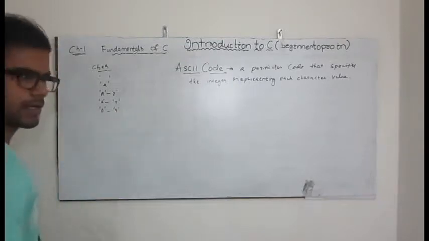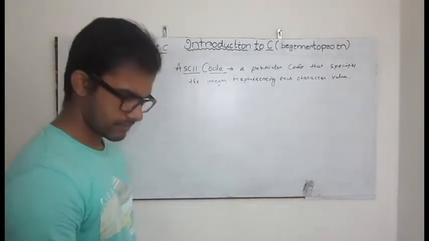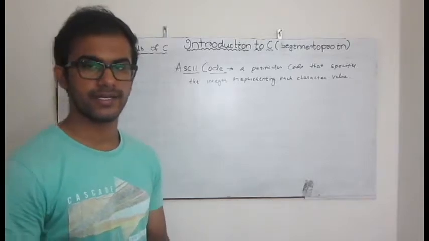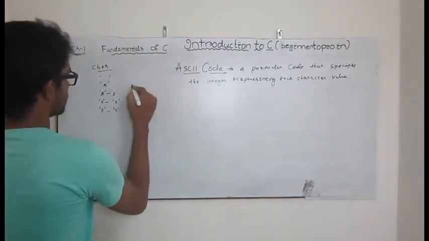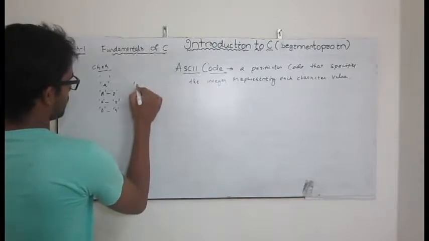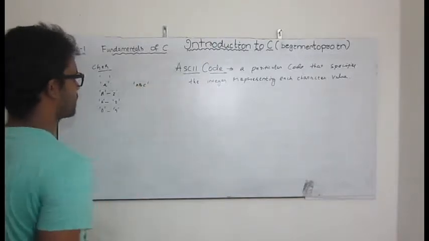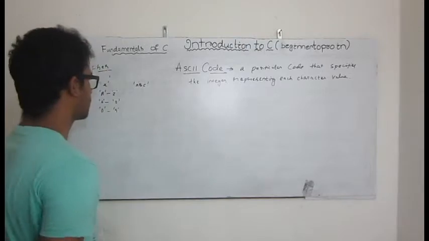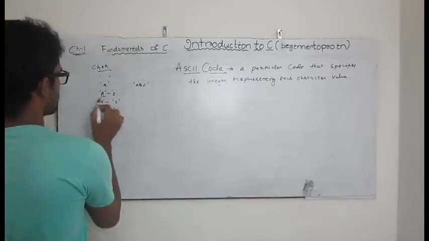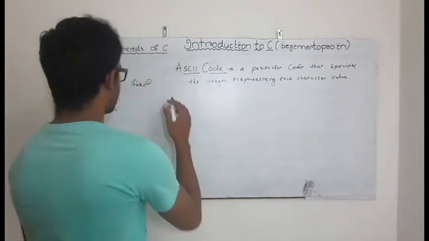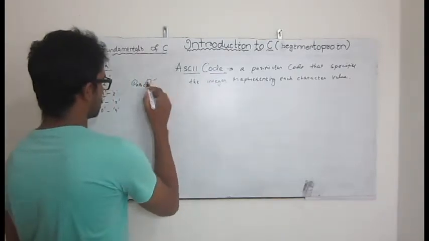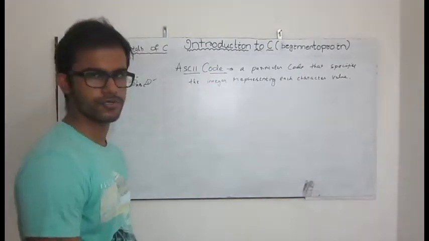These are all characters. How to distinguish between a character and a string? Let's have an example. Like you say A, B, C. It is not a character because a character must consist of only one letter. The character must come under the single quotes.